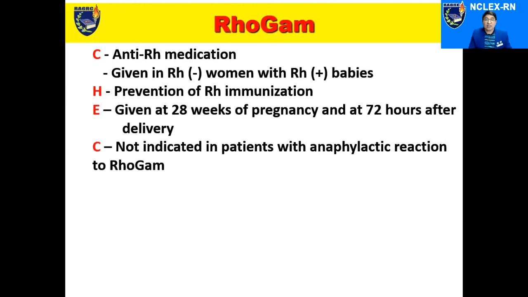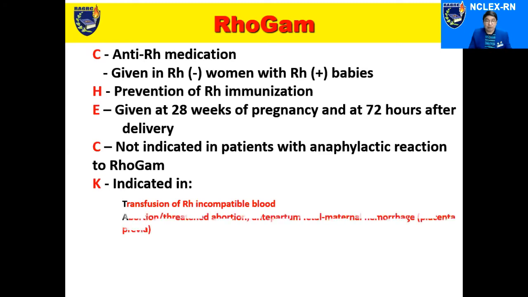Okay, it is not indicated in patients with anaphylactic reaction to Rhogam, but it is indicated in cases where there is transfusion of Rh incompatible blood. So in cases where there is abortion or threatened abortion, or antepartum fetal maternal hemorrhage like placenta previa, or when there is a tendency that the mother would experience bleeding.